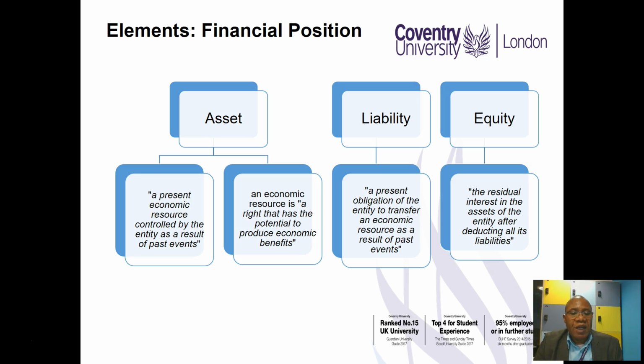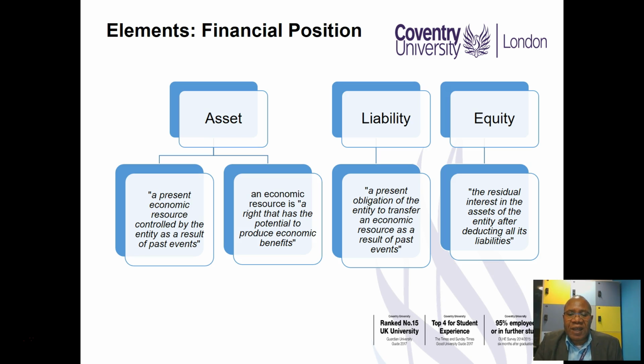Therefore, a lease agreement, for example, is regarded as an asset from the perspective of the lessee, even though the lessee does not own it legally. So this adopts the substance over form principle. In other words, the accounting transactions must reflect economic reality, the commercial substance, rather than the legal form, where there is a difference between the 2.